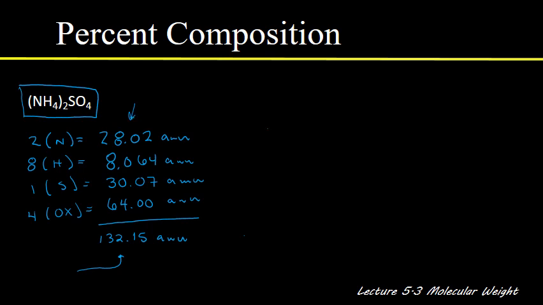A little over 8 atomic mass units of that is hydrogen. 30 atomic mass units of that is sulfur, and 64 atomic mass units of that is oxygen. So we want to calculate percent compositions, and percent composition always is just the part divided by the whole.